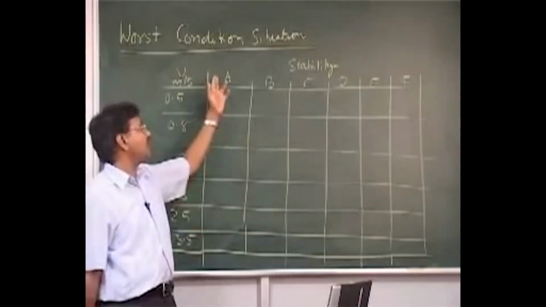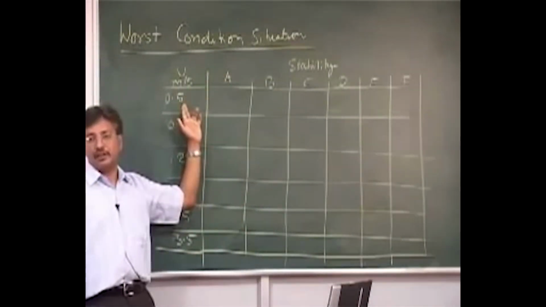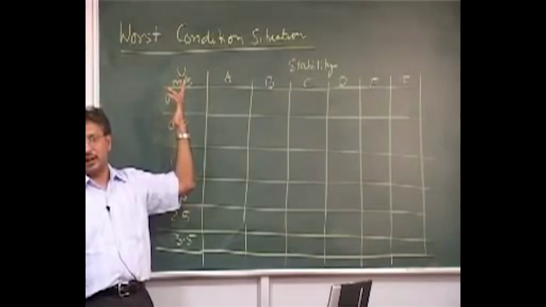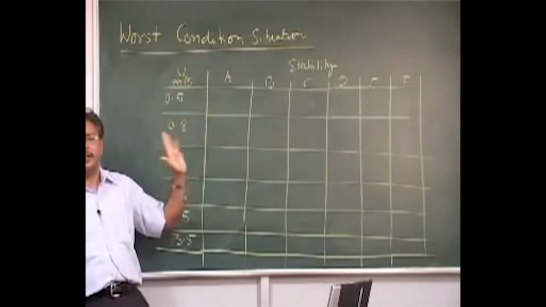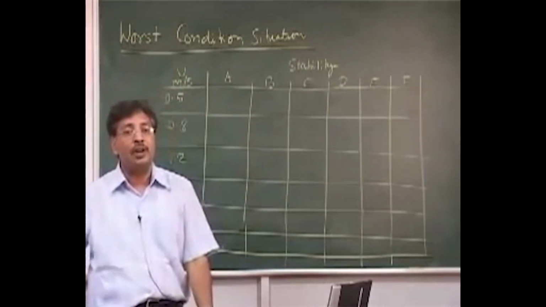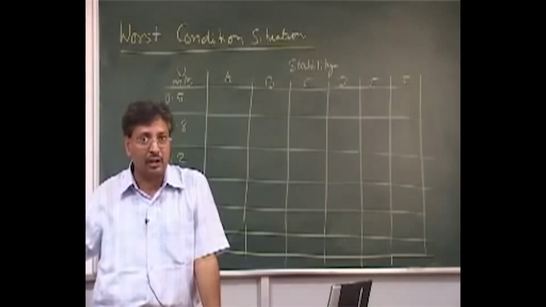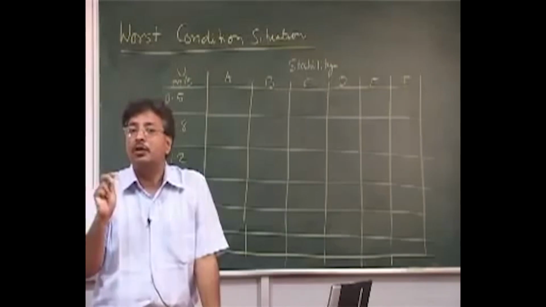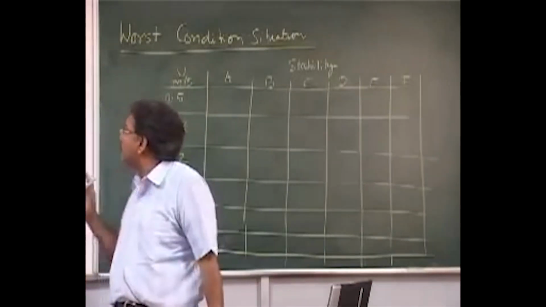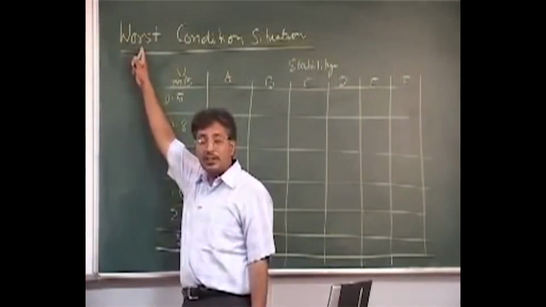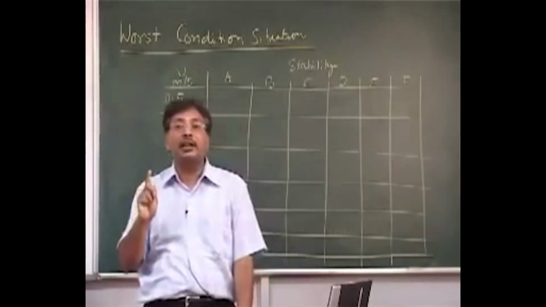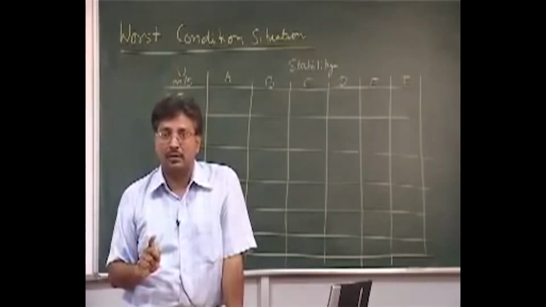We have not. We assume, suppose the situation was A and this was 0.5, what will happen? We are not requiring any data from anywhere except the data from the plant. Those data are fixed. Again I repeat, we don't have to run around to find out the worst situation. I don't have to go collecting any meteorological data, clear?